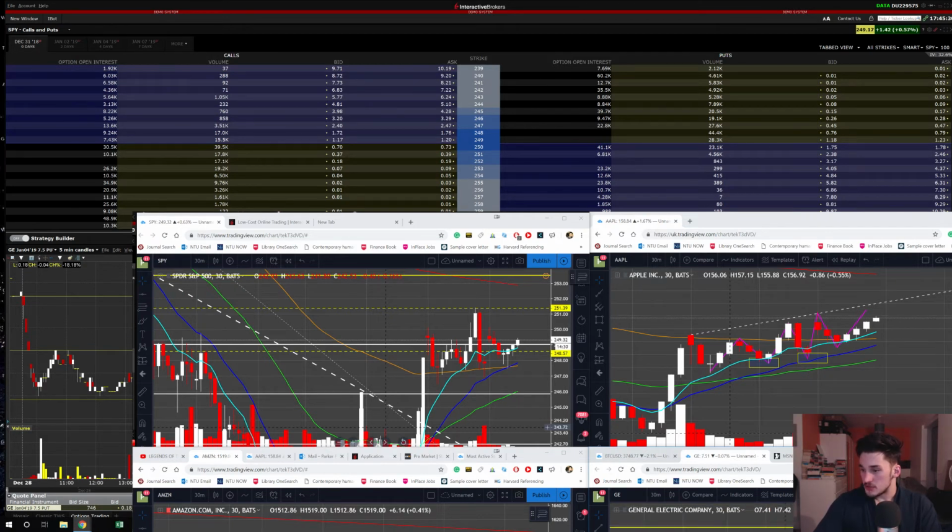We bounced off the 200 EMA quite respectably here, and now we are at the 9 EMA. If we bounce off here, let's go on to the 15 minute. Depending on what this next 15 minutes does, if we fail and go below the EMAs, I'll probably cancel the contract.